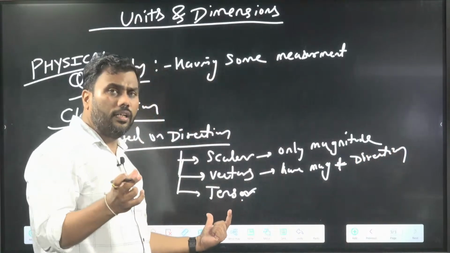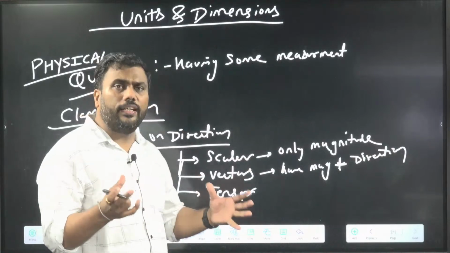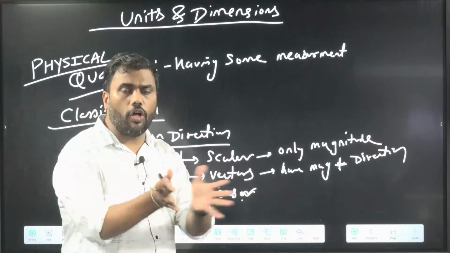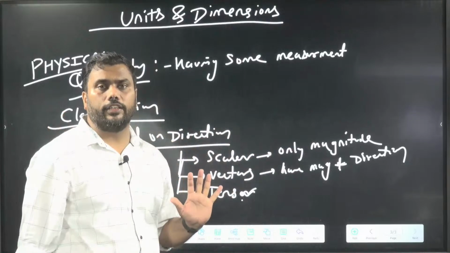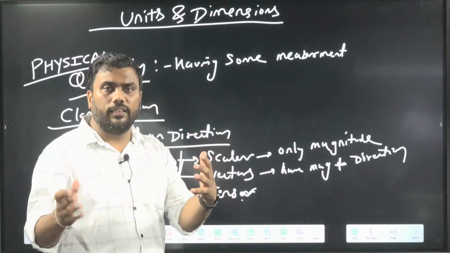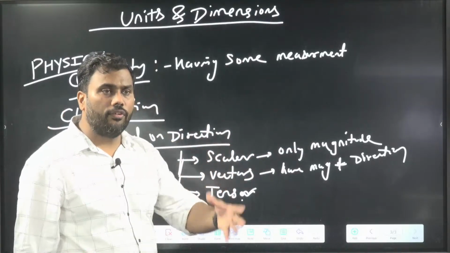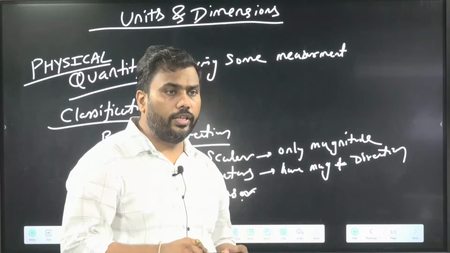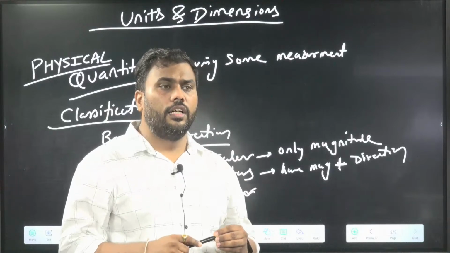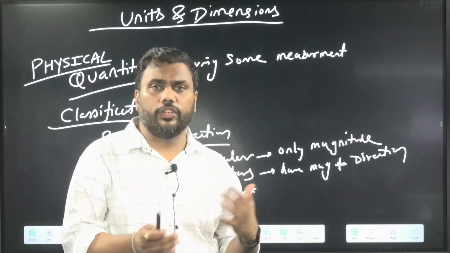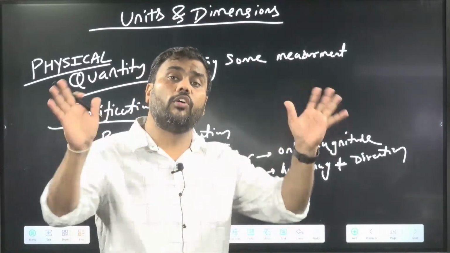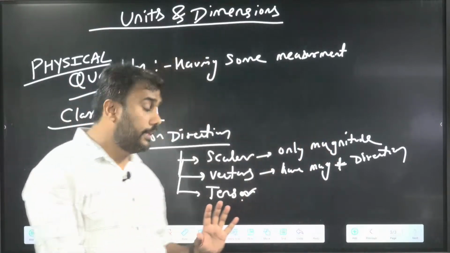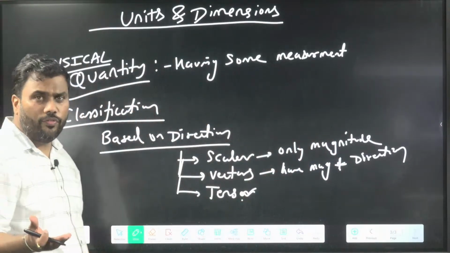And tensor are a tricky quantity. They have all the directions. They are present in all the directions, so they are usually denoted in terms of a matrix. You can say that a scalar is a vector which doesn't have direction, and a tensor is a vector which is present in all the directions. Some examples are moment of inertia.